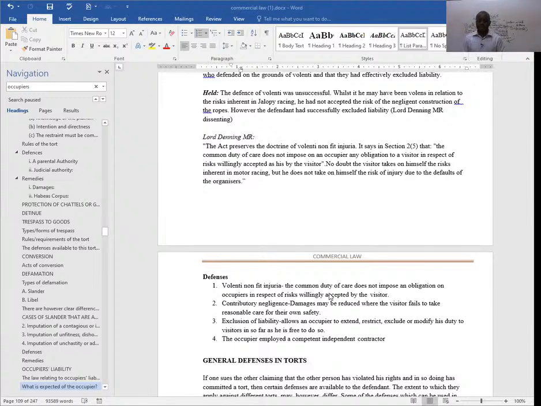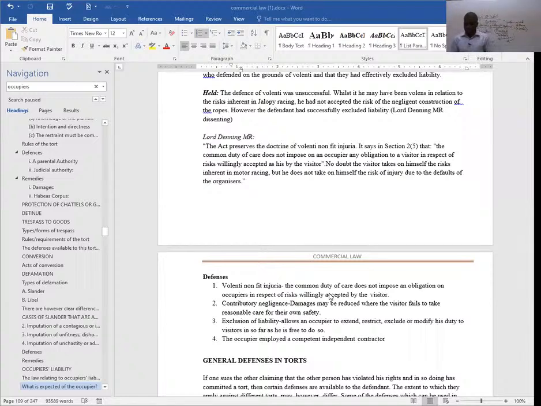In case one of them falls and a customer is injured, the person to be held responsible is not the occupier of the supermarket, but the qualified independent contractor who built the pillar. So in the case of an injury arising out of the negligence or failure of duty of care by an independent contractor, it is the independent contractor who will be held responsible and not the occupier of the property.